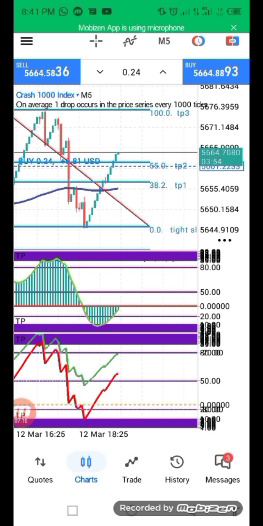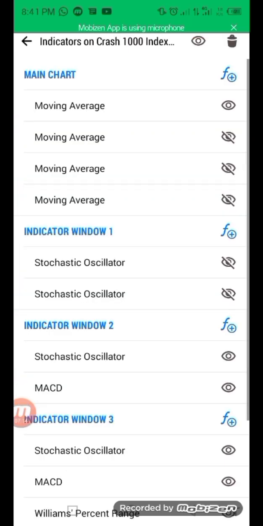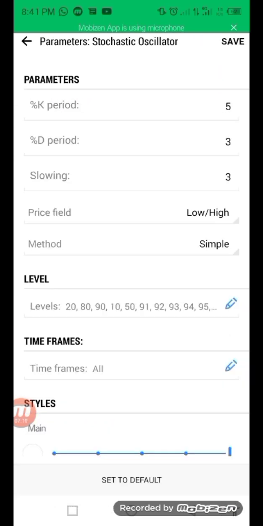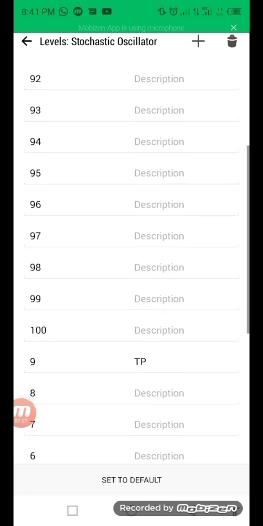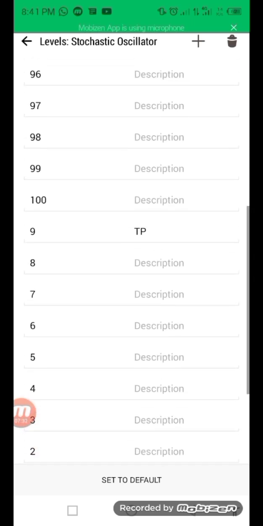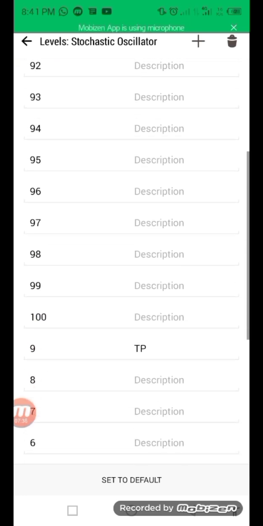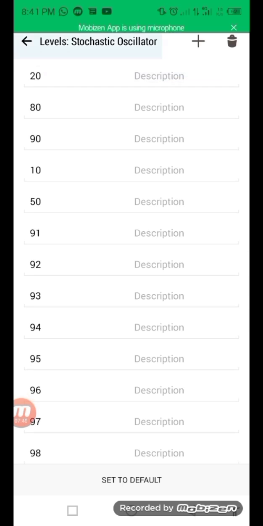Okay, the settings here, we have the stochastic. So this, you can take a screenshot. This setting gives us the overbought and the oversold zones. You can just pause it and then take a screenshot.